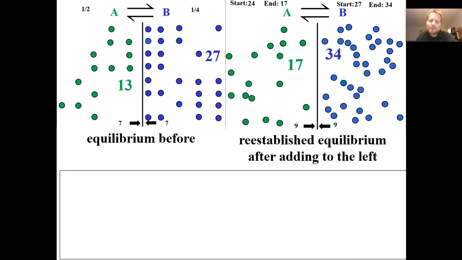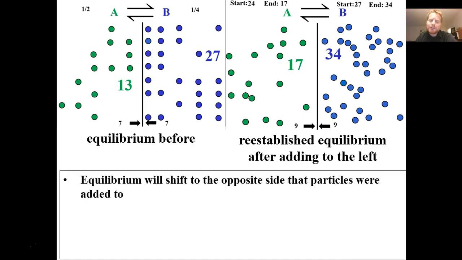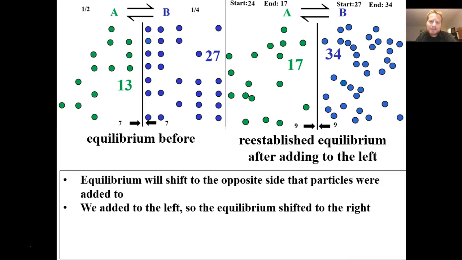What happened was that equilibrium will shift to the opposite side that particles were added to, or in other words, the opposite side of increased concentration. We added to the left side, so the equilibrium shifted to the right side. As a result, overall, we made more products over the course of reestablishing equilibrium.